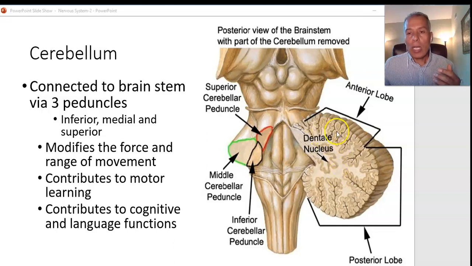So this is how all the input that goes into the cerebellum comes in from these, and goes out also from these peduncles or arms.